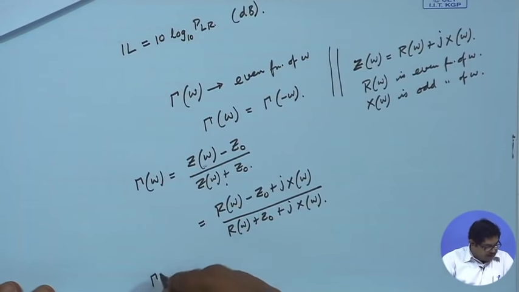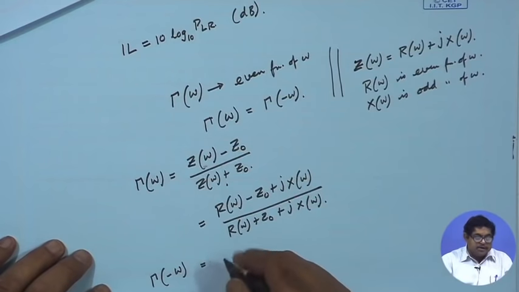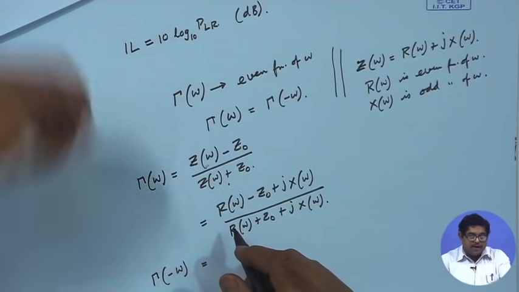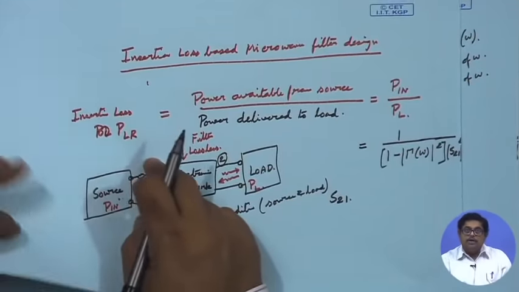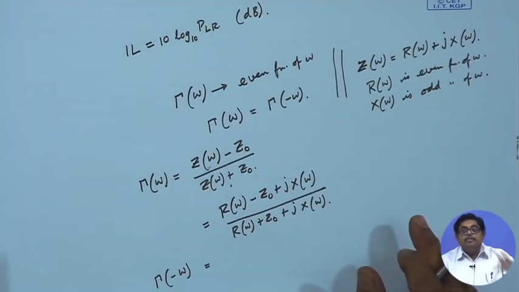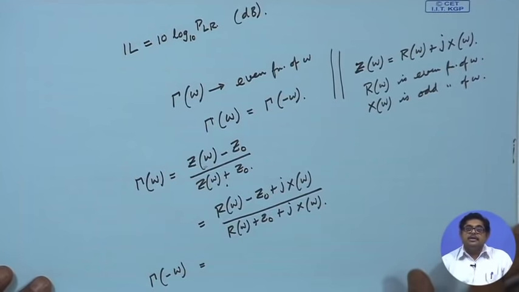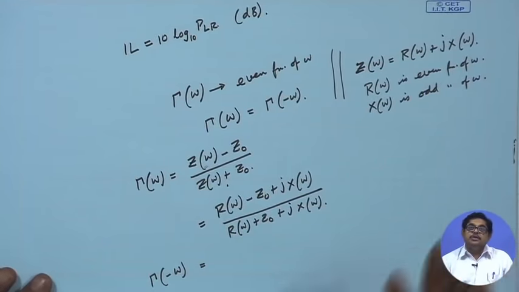Now, what is gamma of minus omega? Because I want to test what is the nature of this PLR. We are going there, that this insertion loss has some specific functional characteristic with respect to omega. So, let me see what this is.